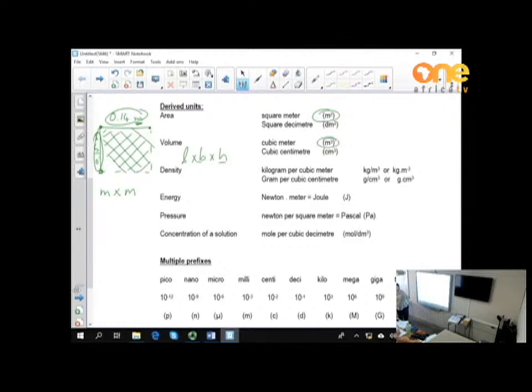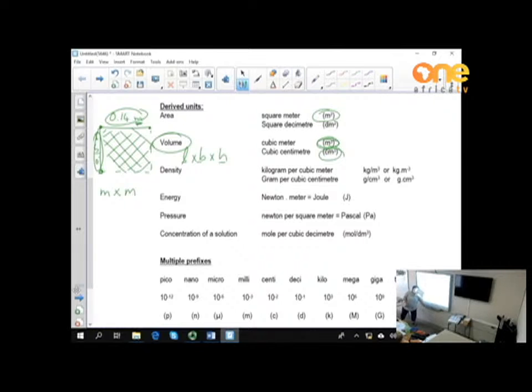So it's derived from a meter, but because we multiply a meter with a meter with a meter, we get a cubic meter, which then is a derived unit. So for volume, the derived units are cubic quantities: cubic centimeters, cubic millimeters, cubic decimeters, etc.